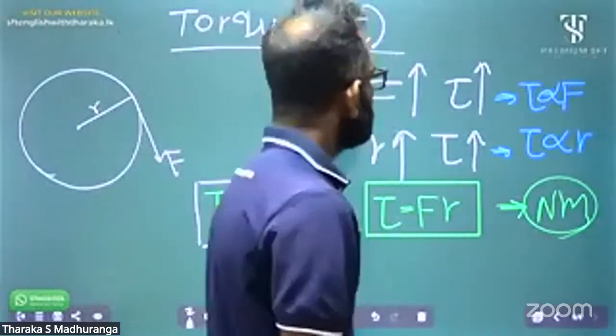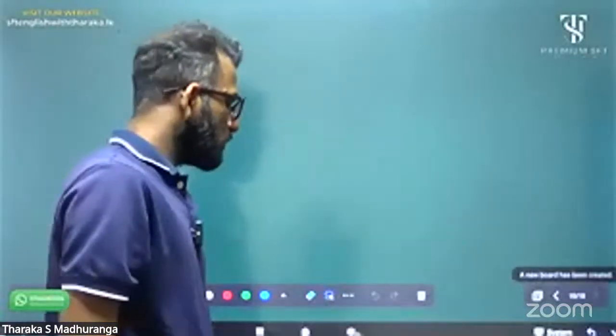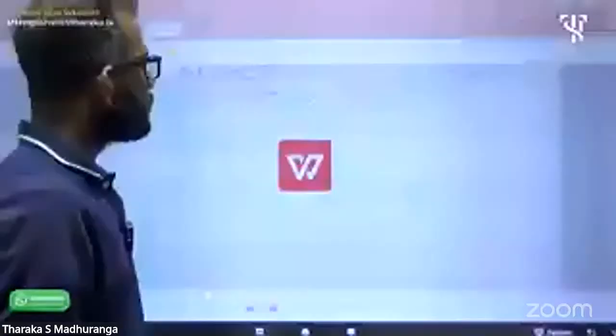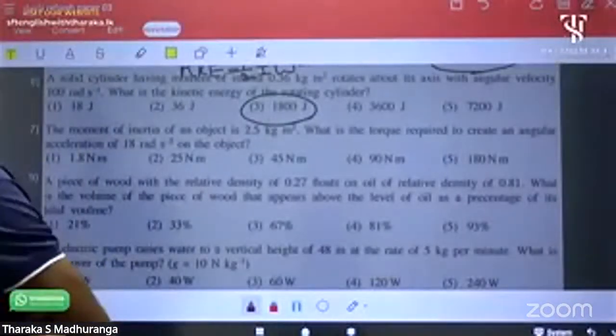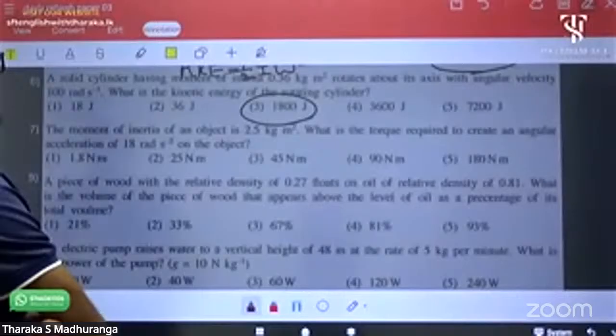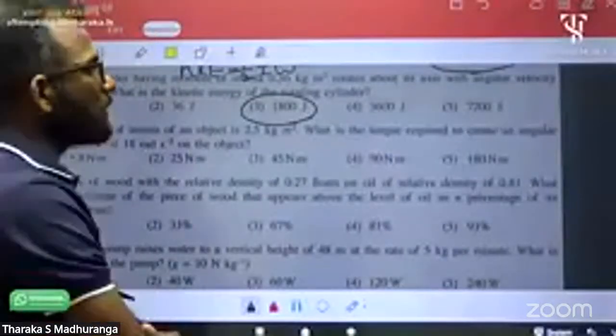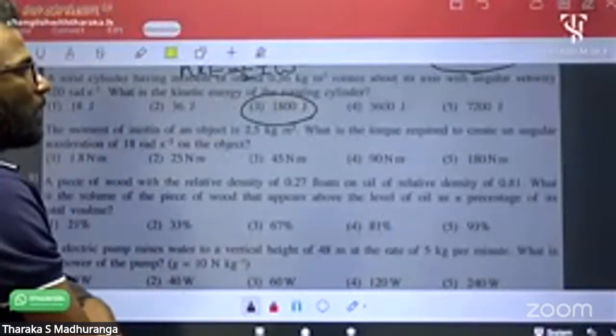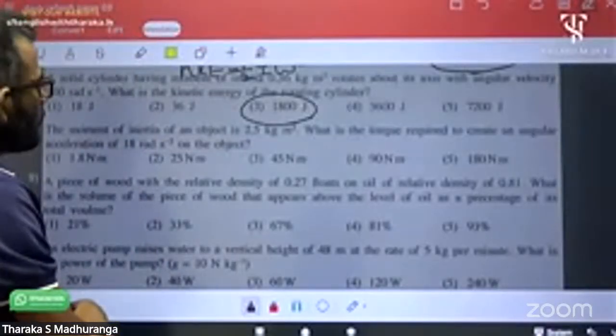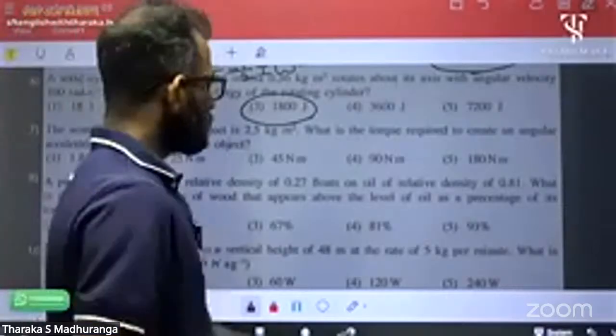The question in the theory paper is given according to the second relationship. The moment of inertia of an object is 2.5 kilograms square meter. What's the torque required to create an angular acceleration of 18 radians per square second on the object? The moment of inertia and angular acceleration are given.